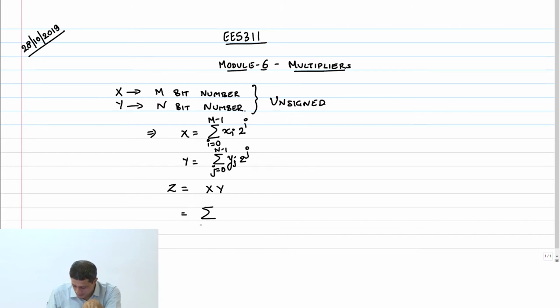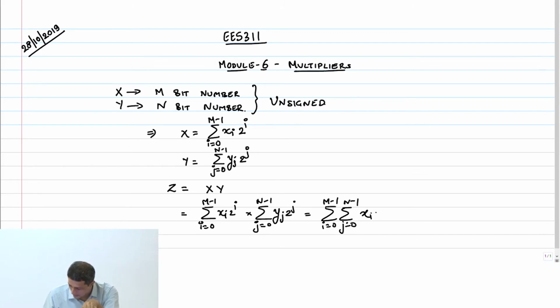This is the sum over i from 0 to m minus 1 of x_i 2^i, times the sum over j from 0 to n minus 1 of y_j 2^j. This can simply be written as the double sum over i from 0 to m minus 1 and j from 0 to n minus 1 of x_i y_j times 2^(i+j).